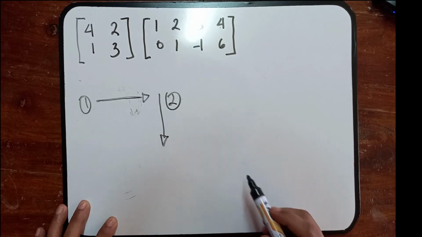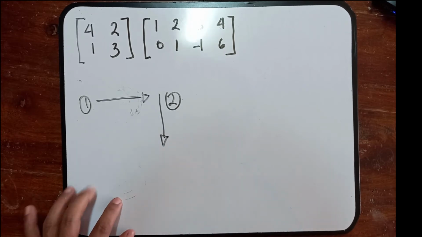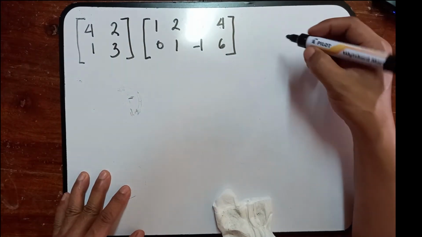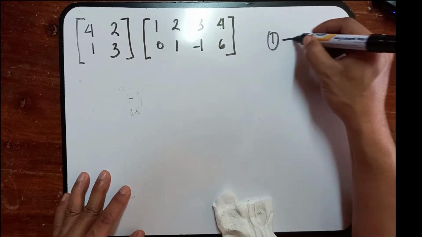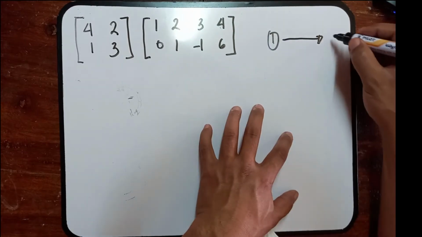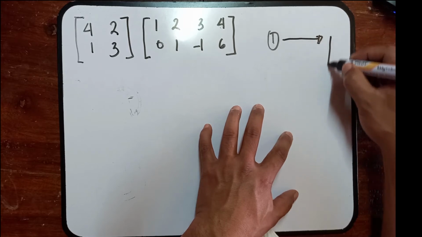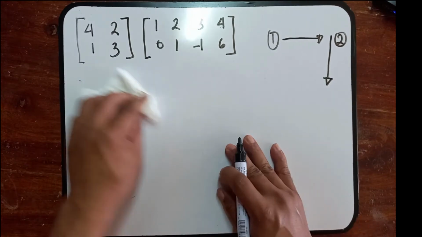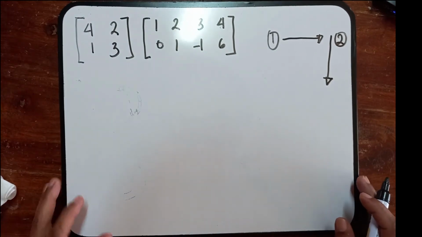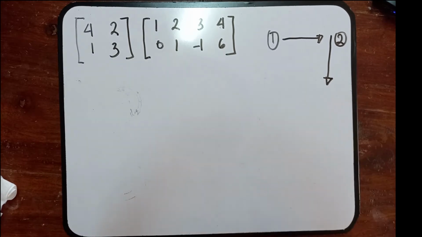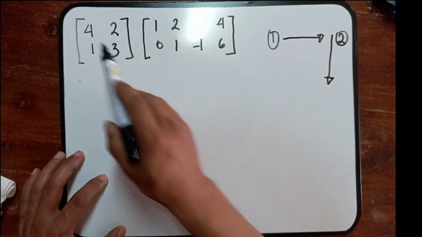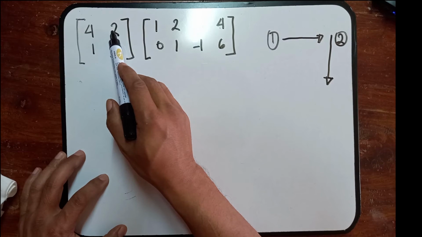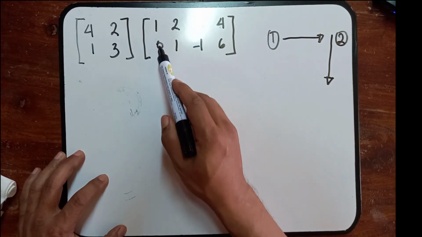What do you mean by this? Let me place this pattern at the right side of our board. The first step is to go from left to right, and the second step is to go from top to bottom. Let's try doing the multiplication following this pattern. We multiply first the first row against the first column.